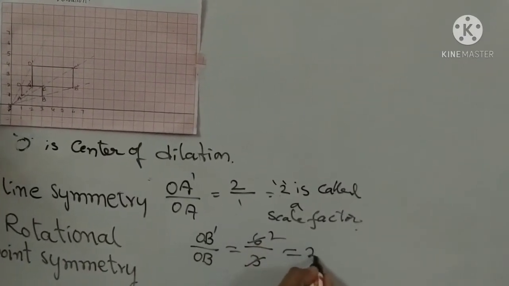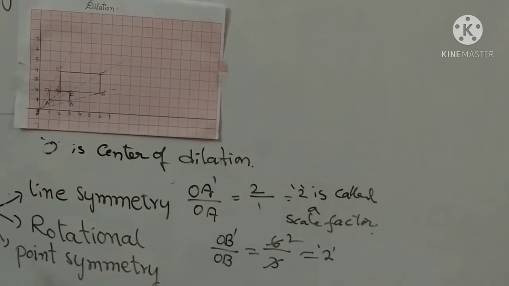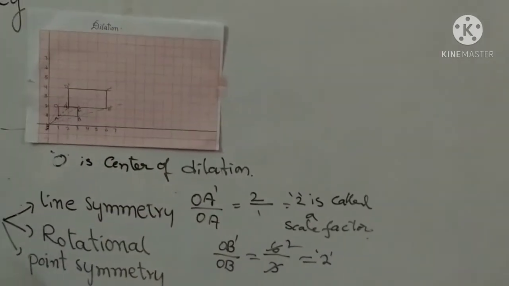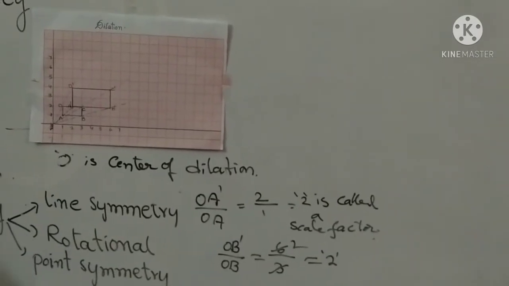So 6 by 3, three 2s are 6. It is also 2. So the scale factor is the same. In the smaller figure and the enlarged figure, the scale factor ratio is the same.